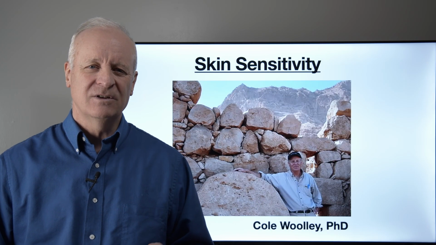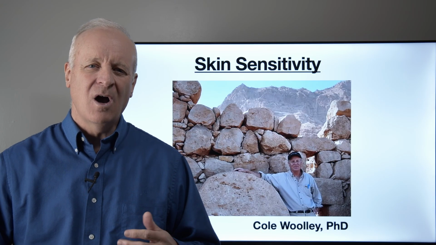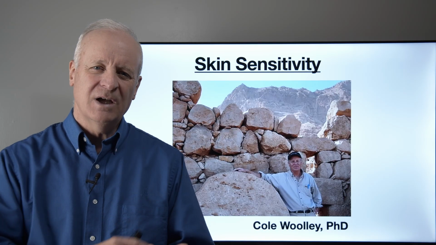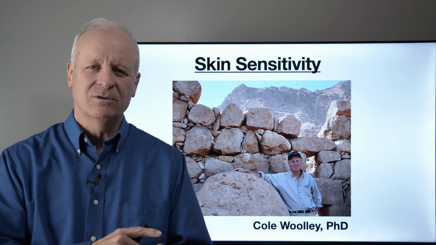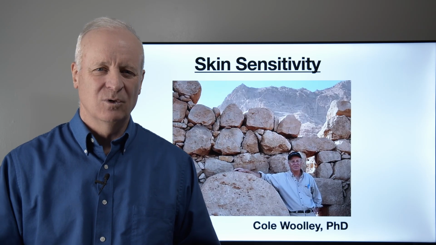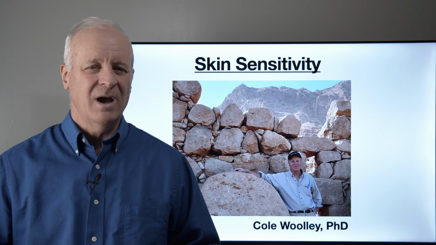So this lesson has been all about skin sensitivity, how there are hot oils that we're told we should be careful not to apply directly to the skin without diluting them with carrier oil. Some people are very sensitive to them, like maybe cinnamon bark or clove or oregano or thyme.